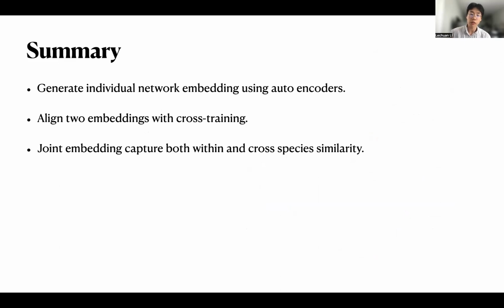So for summary, our model is using an autoencoder as an algorithm to generate individual network embeddings. And then we use a method inspired by natural language processing, aligning the individual embeddings to the joint embedding space.